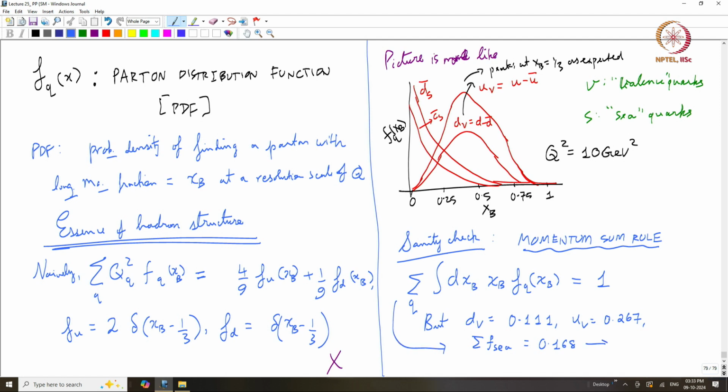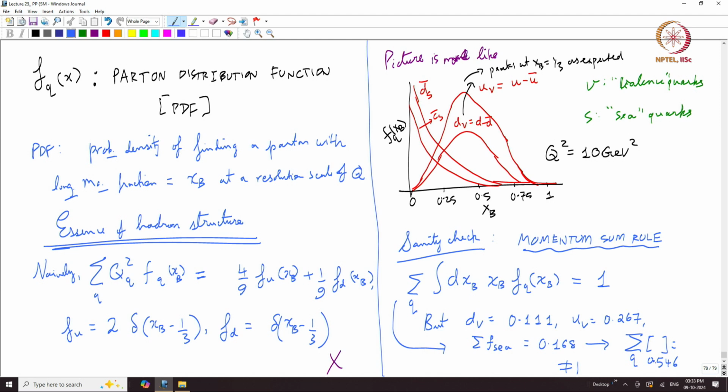What do all these add up to? They just add up to 0.546, right, easily checked, and that is clearly not equal to 1, right.